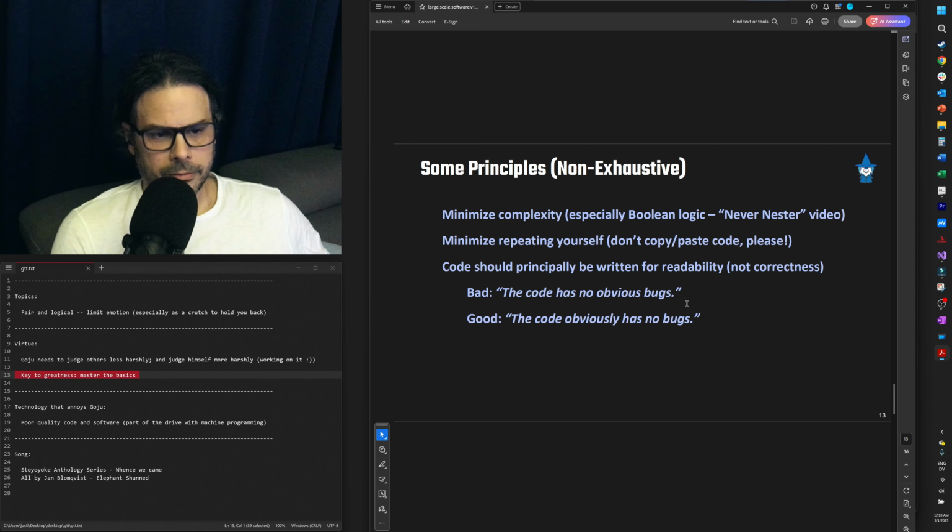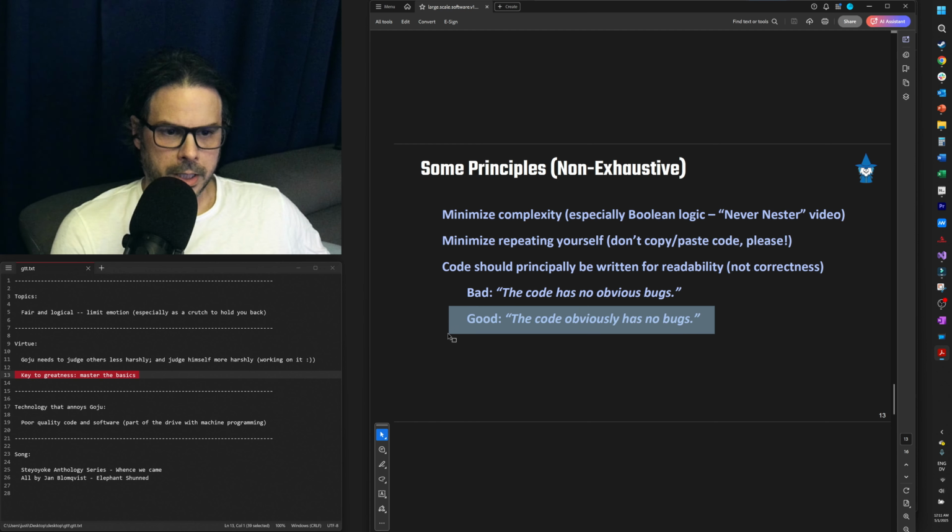It has no obvious bugs, but only master level programmers can write code that is so simple that anyone can look at it and say, this code is correct. This is Yoda level stuff here. That's my strong conviction.